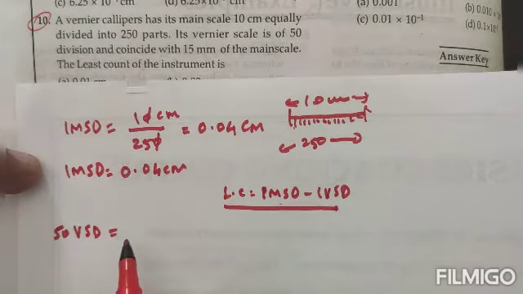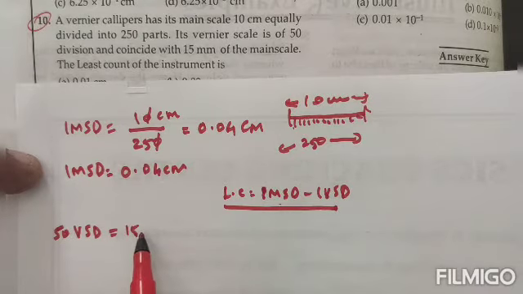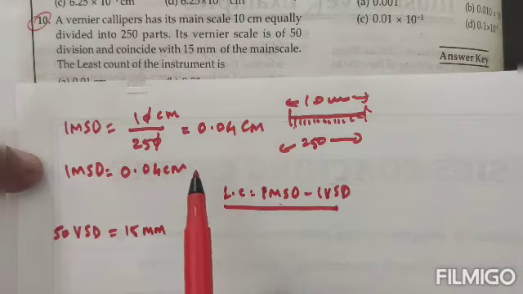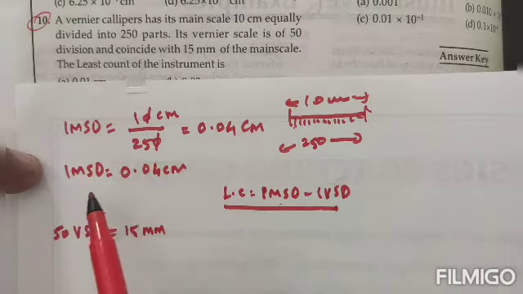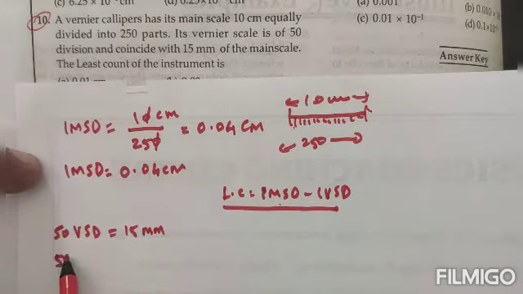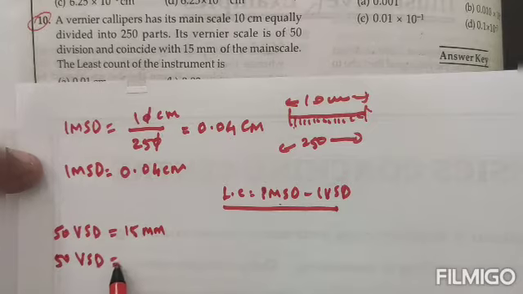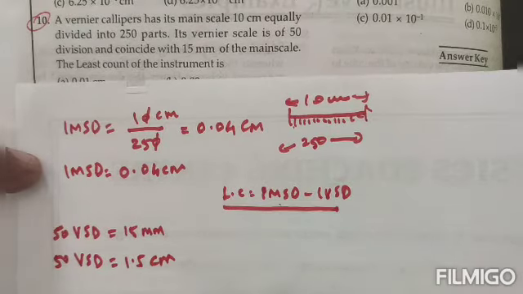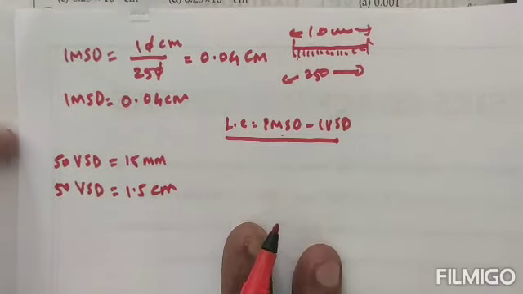But you know all the options are in centimeter only, so MSD is also in centimeter. So I am going to change the VSD value to centimeter. I can write one more step: 50 VSD is equal to 1.5 centimeter, since 15 millimeter equals 1.5 centimeter.